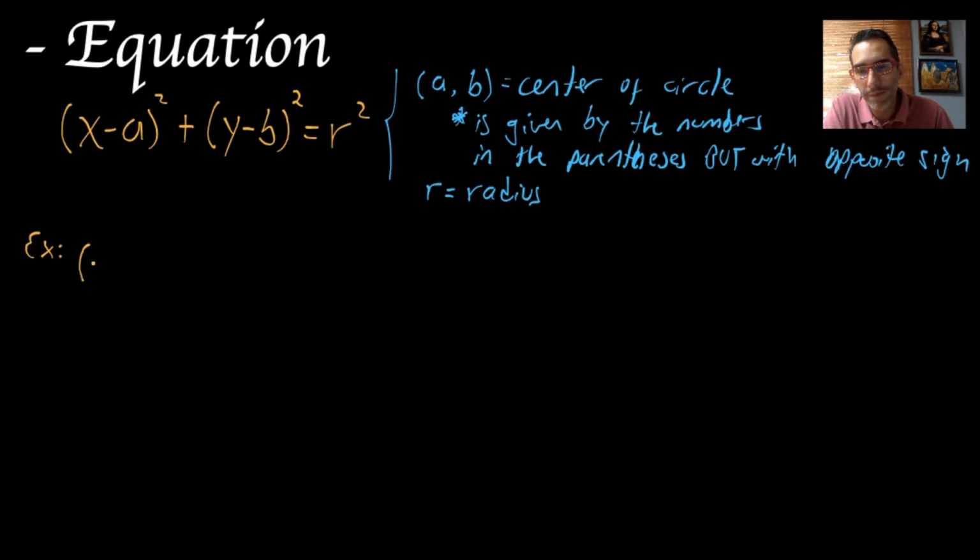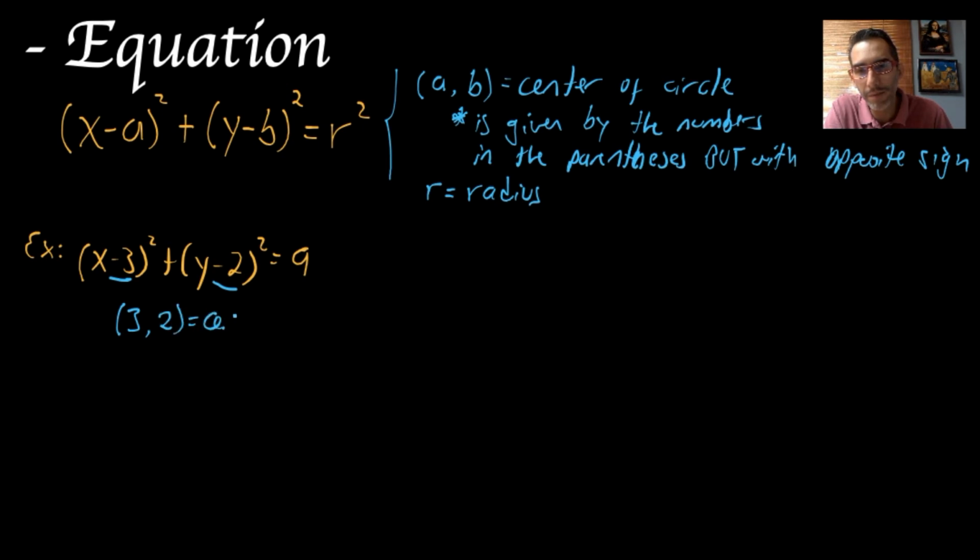If I have the equation x minus 3 squared plus y minus 2 squared is equal to 9, for example. Remember what we said: the center is given by these numbers, but with the opposite sign. So the center is at coordinates 3, because here it's minus 3, so this is 3. This one in y is minus 2, so it becomes a 2.